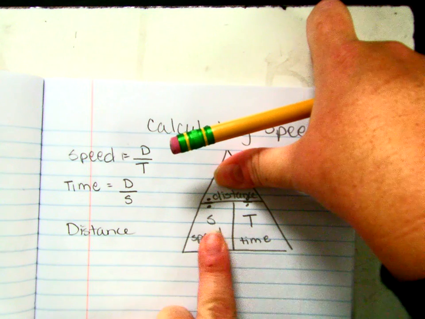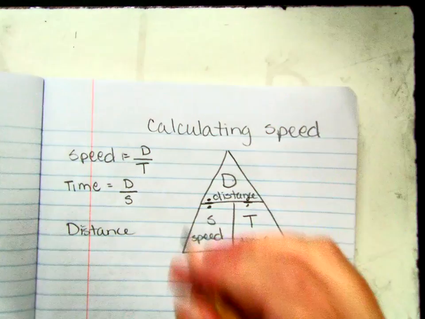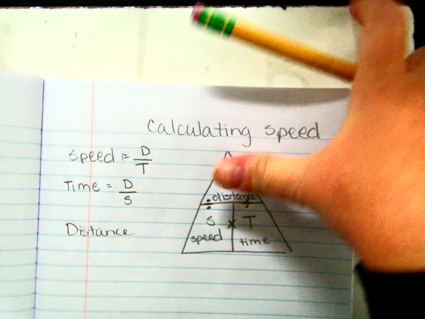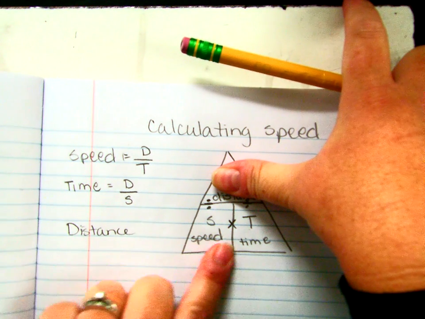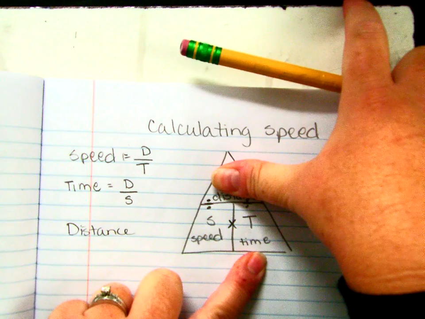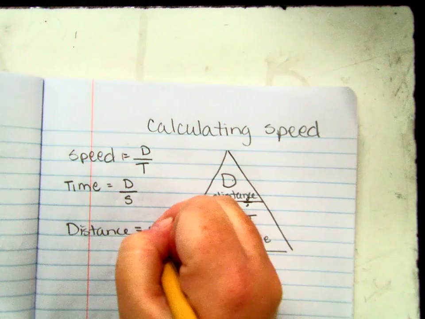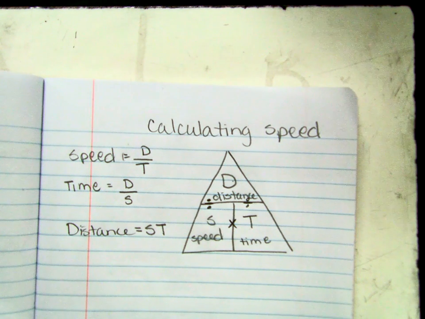When 2 numbers or a letter and a number are next to each other in math, that means to multiply. So, distance is speed times time. So over here, let's write equals, and then we're going to put ST.